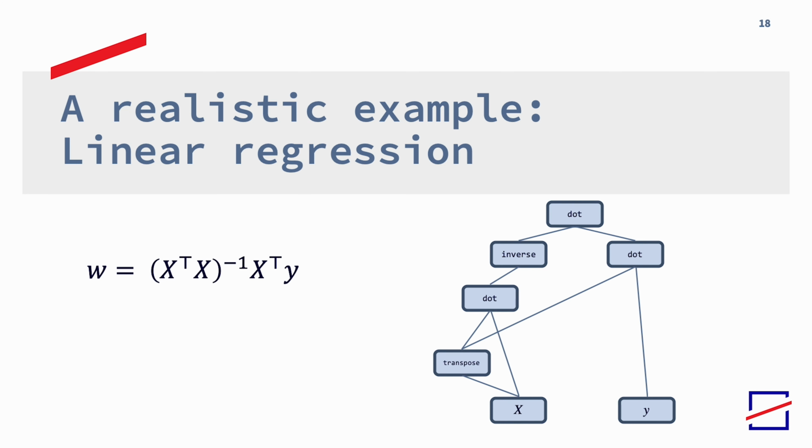Here, X and Y are the clinical data, and they are precisely the design matrices for the independent and dependent variables accordingly. On the right is the graph for this computation. We start from the data on the bottom, and then proceed from bottom to top to compute this coefficient.